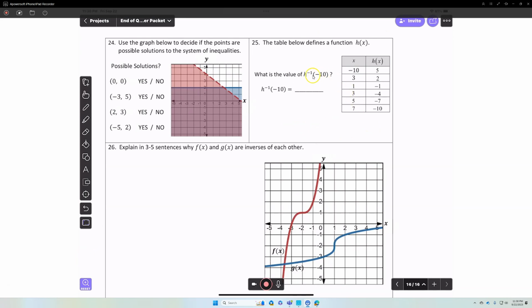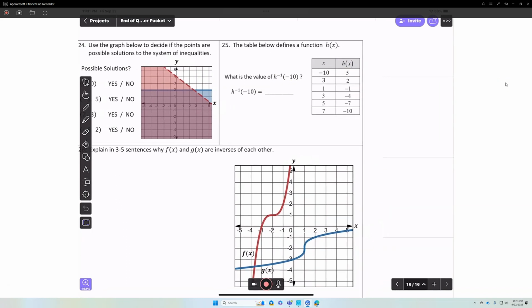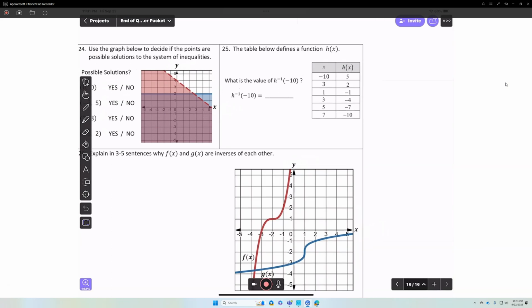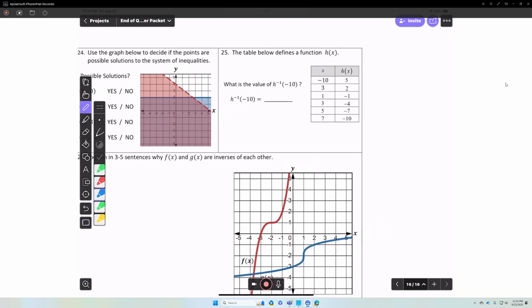25, the table below defines a function, h of x. What is the value of the inverse of -10? So if you want the inverse, remember that we have to switch the x and the y. So we're not looking at the x, we're actually looking at the y. If you want to do the inverse here, what I would suggest you do is make a table, and this is the inverse.